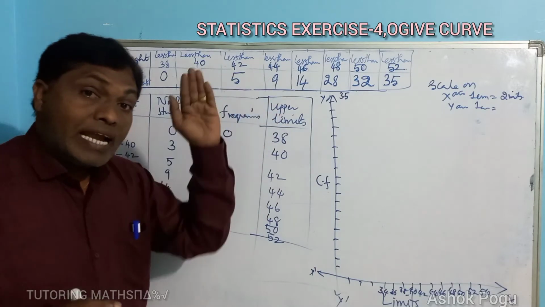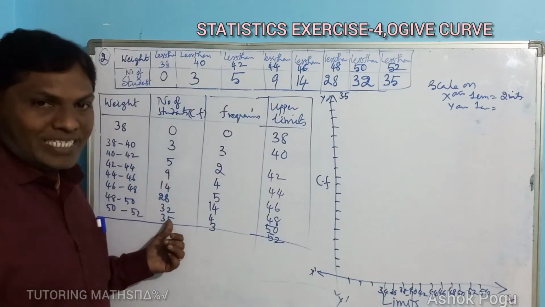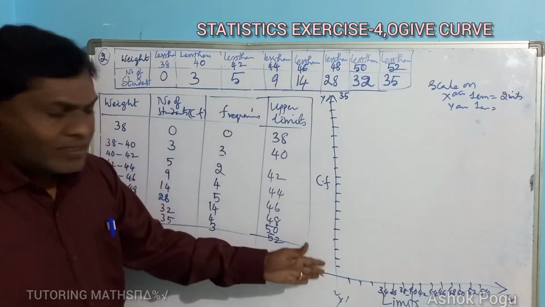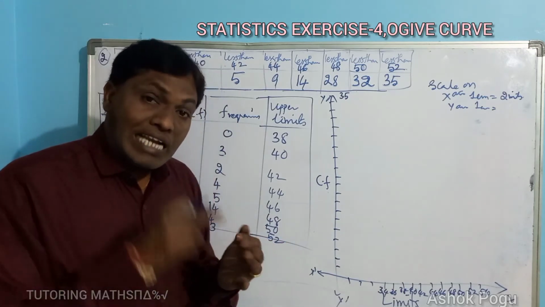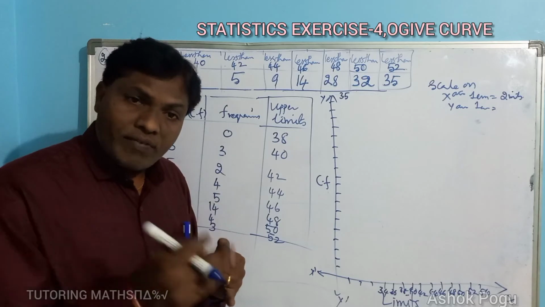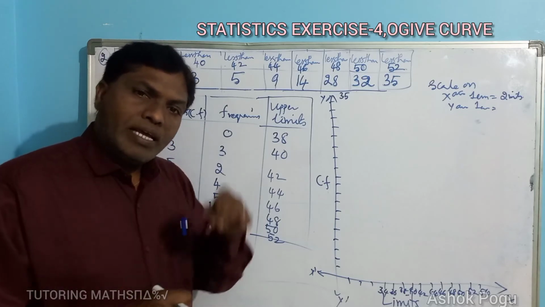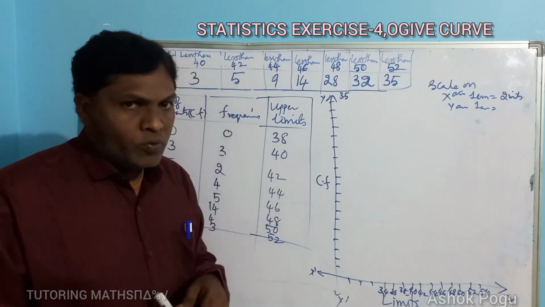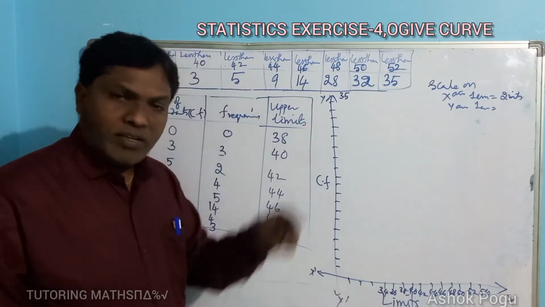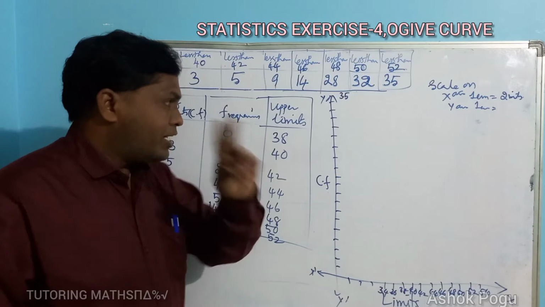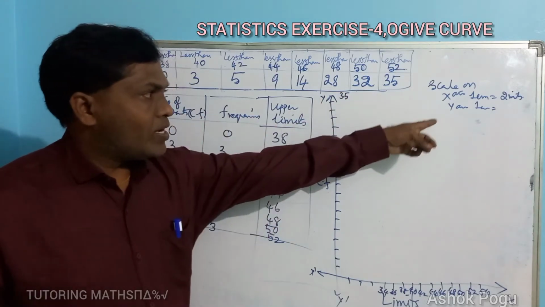So we require 18 lines to get 35 units. You may not get 18 lines here, but in the examination graph paper will be distributed to you. In that graph paper you can find 18 lines. You better take 2 units. 1 centimeter is equal to 2 units.